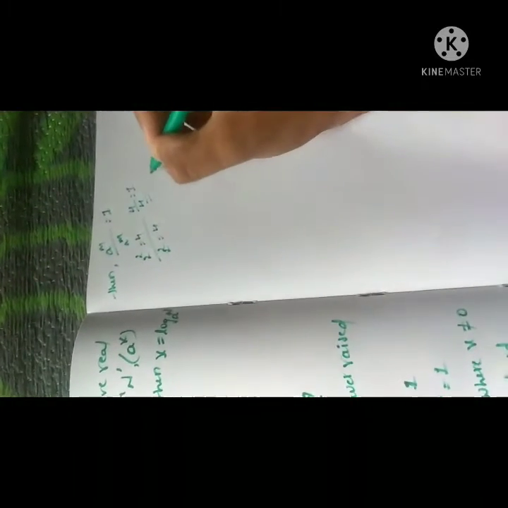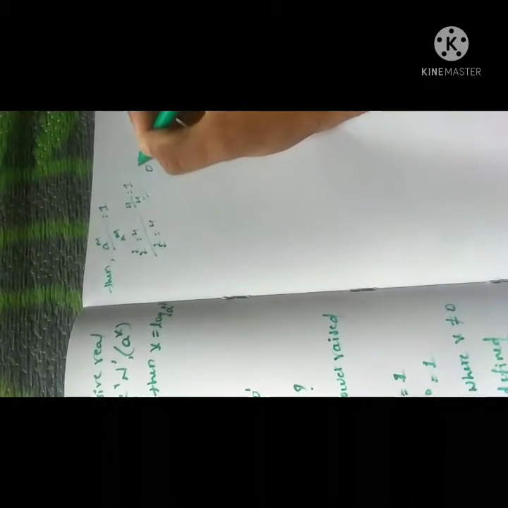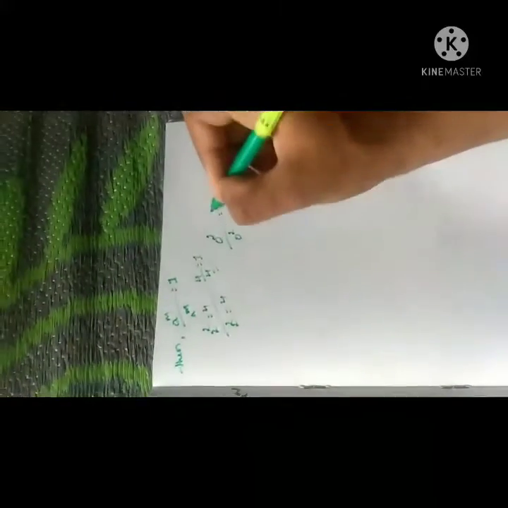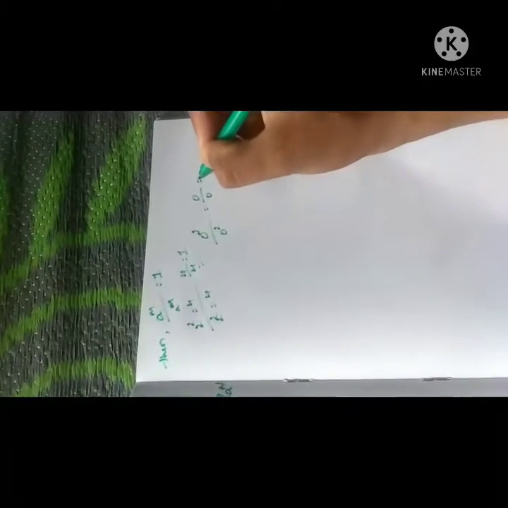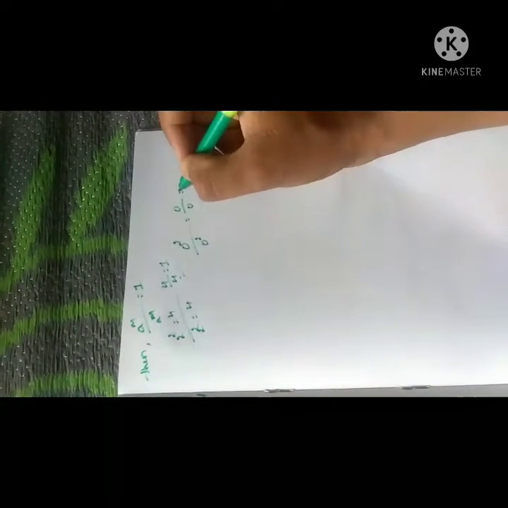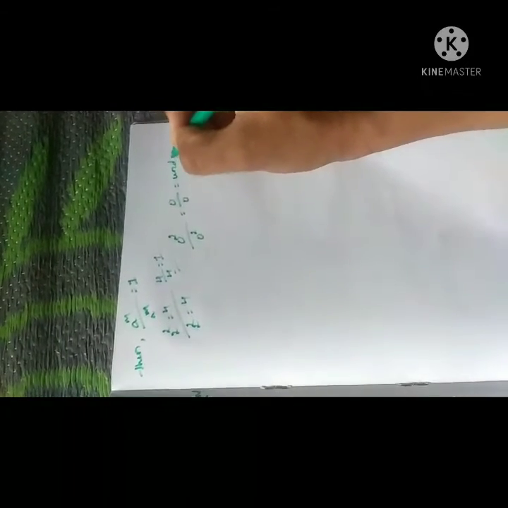Similar to this, 0 square by 0 square equals 0 by 0, and we all know that 0 by 0 is undefined.